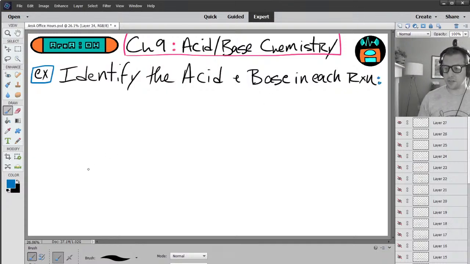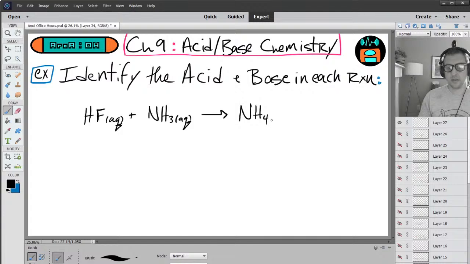All right, first reaction. Identify the acid and base in the reaction between aqueous HF and aqueous NH3, reacting to produce NH4 plus and F minus.